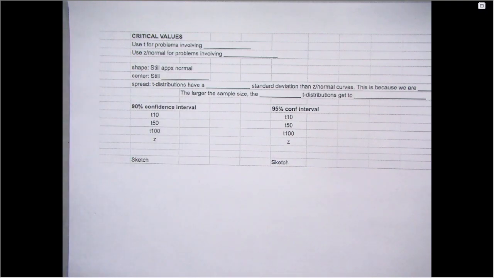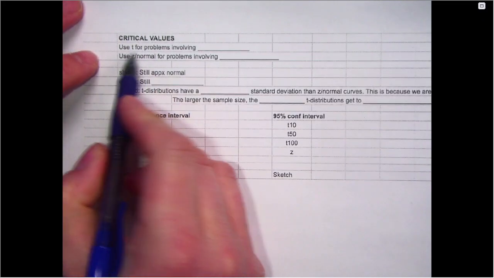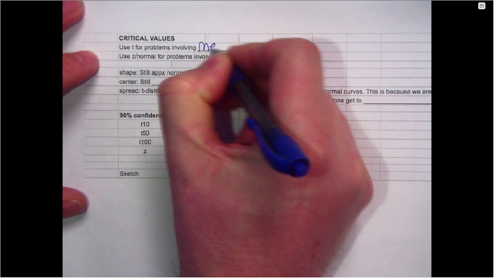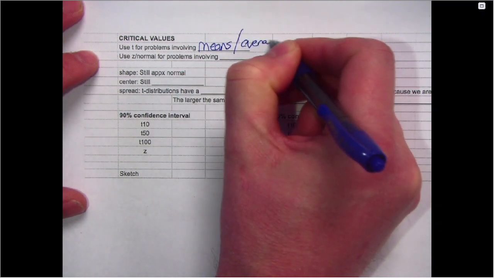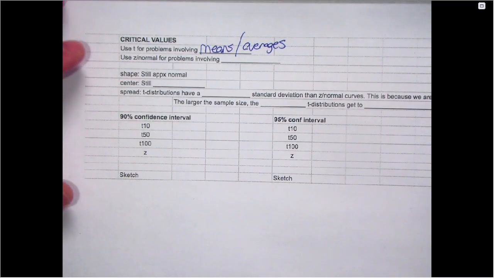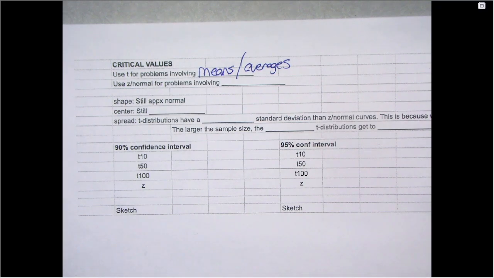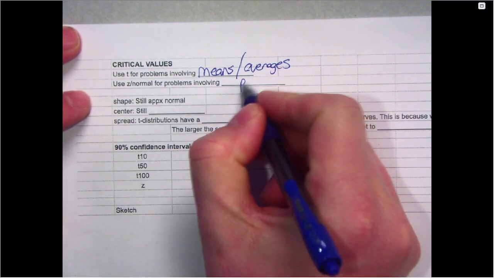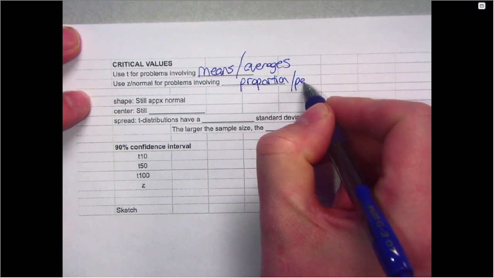So we use a different distribution instead of a normal distribution, called a T distribution. You use T for problems involving means, averages, and you use Z or normal, that's what we've been using, for problems involving proportions or percents.